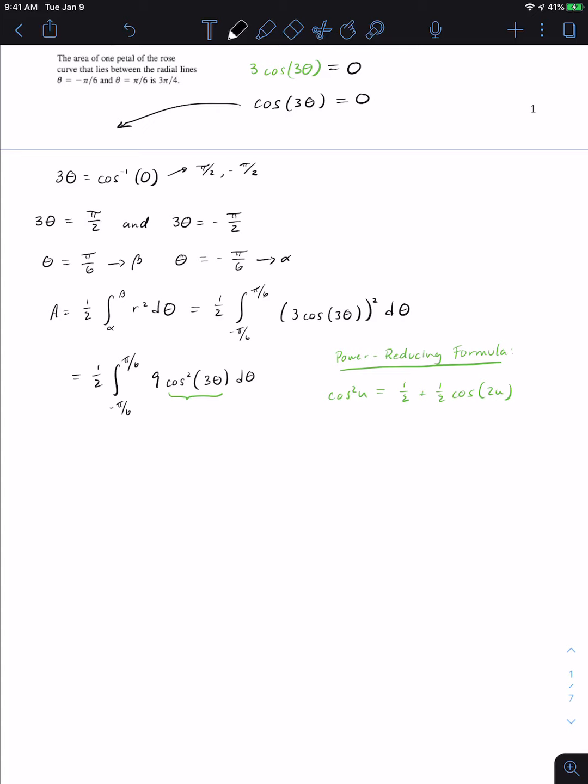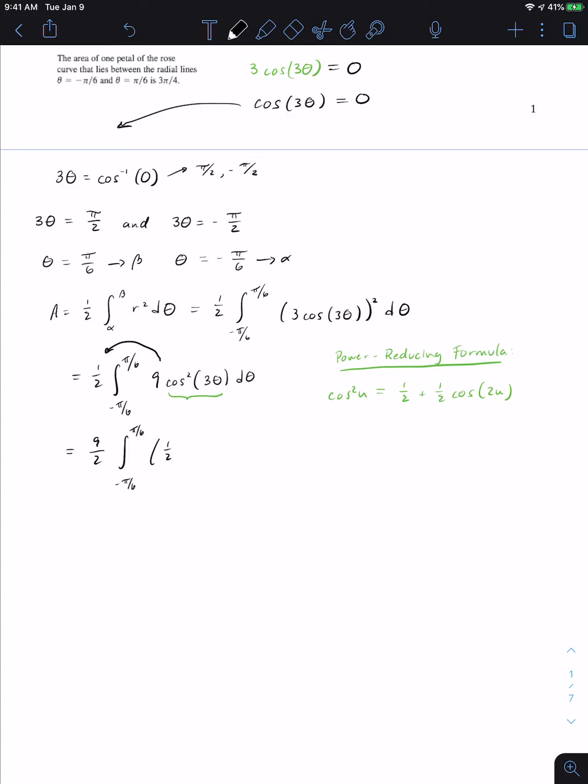So why is this helpful? Why is the power reduction helpful? Because now this is regular old cosine that I can integrate, and this is a constant which I can also integrate. All right, so I get 9/2 if I pull that out to the front, times the integral from negative pi over 6 to pi over 6, and then I have 1/2.